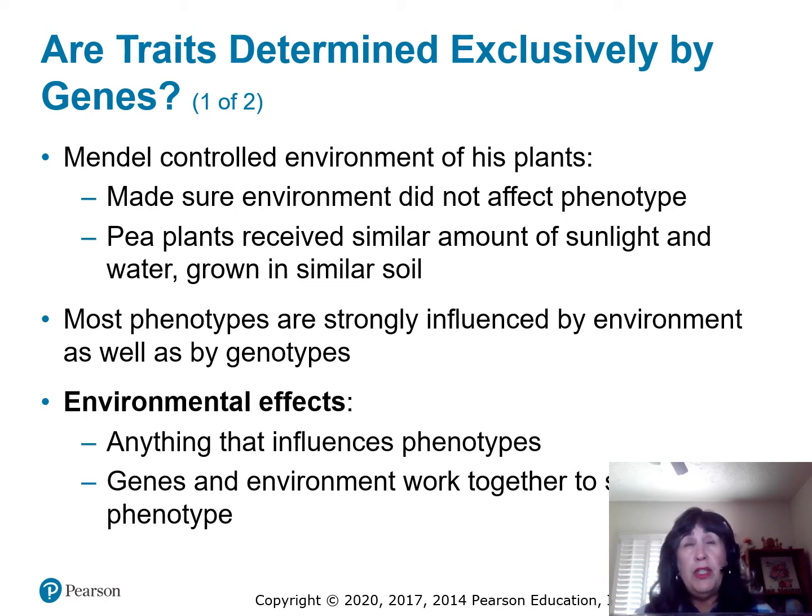I've often mentioned that I've had 3 sets of identical twins in my teaching experience, and I could actually tell the identical twins apart. As you see identical twins get older and older, you usually see that they start looking different. Why is that if they have the exact same genetics? It's because they have different environmental effects, and these environmental effects affect the way that their genes are expressed.